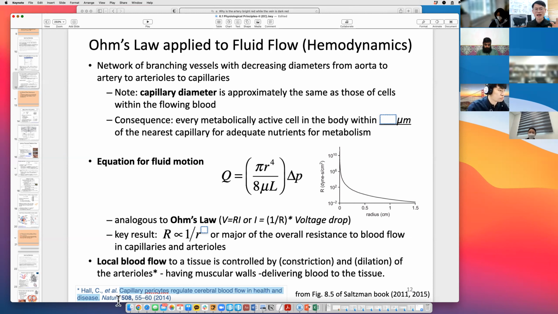But here they say, yeah, that may be true, but we found pericytes, which I didn't tell you about. All these capillaries are in fact covered by pericytes along the blood vessels, and unfortunately they don't contain smooth muscle cells. So this is why people did not think pericytes regulate blood flow, but this paper showed the evidence.